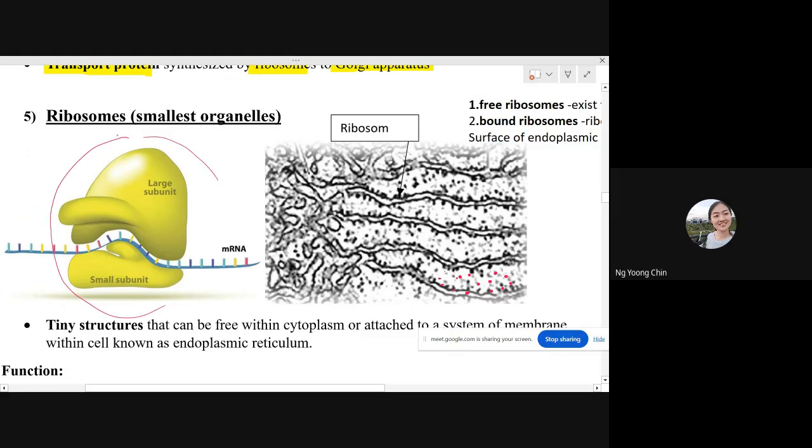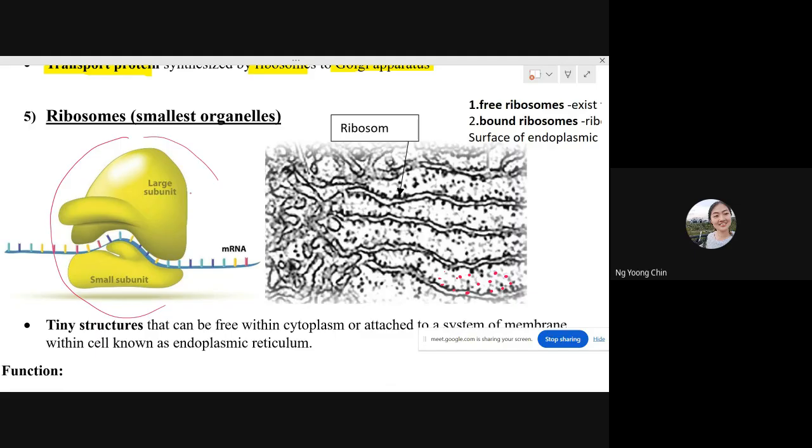It has two subunits: a large subunit and a small subunit. They combine together to form one complete ribosome. It's just like a hamburger, with two pieces of bread combined together. So imagine the ribosome structure looking like a hamburger.